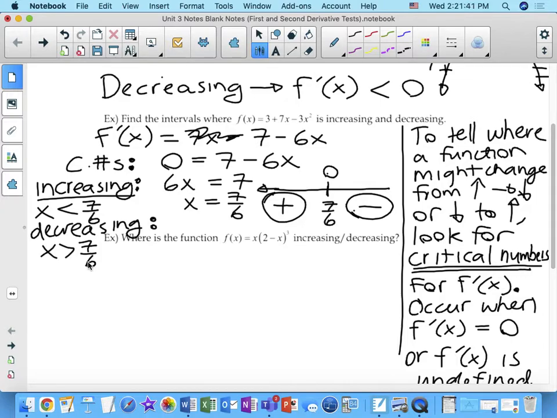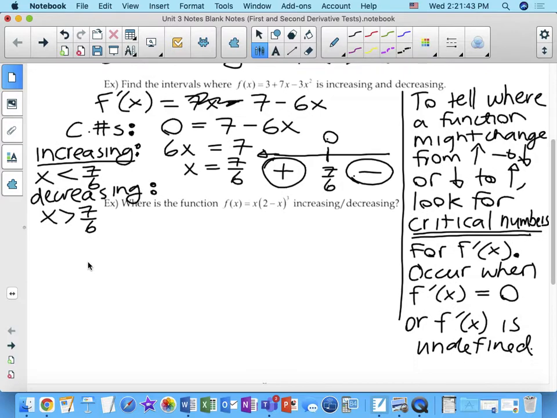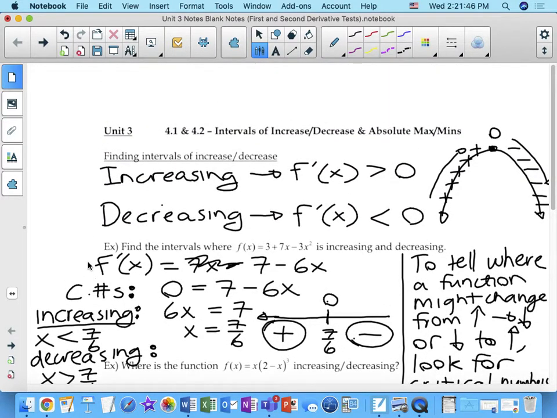So if you wanted to, you could also go like this. Where can I write? Maybe I'll write this up here because I'm running out of space. You could also just go directly into this. If f prime of x equals 7 minus 6x, you could say it's increasing when this is greater than 0 and solve that inequality, right?